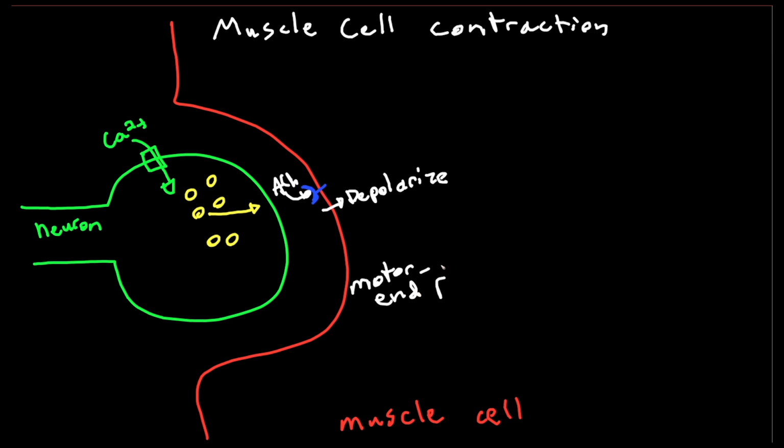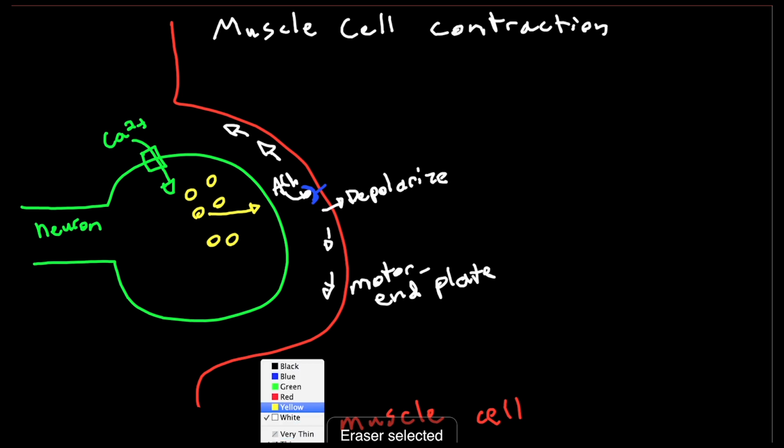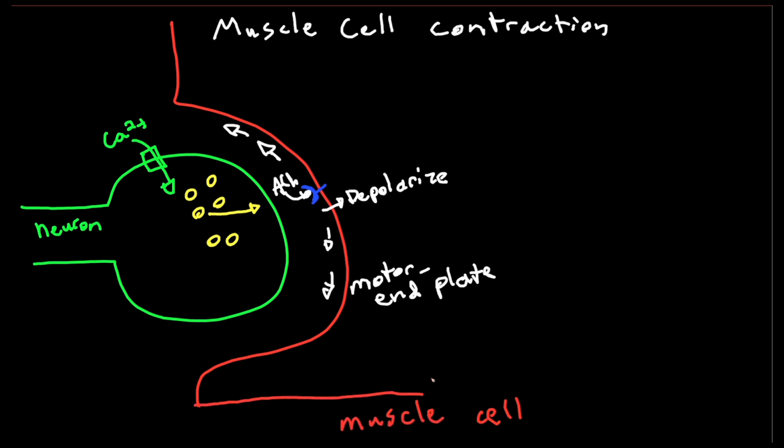And this depolarization will travel down both ways here, all along the membrane. And then it'll actually travel to something called a T-tubule, which is almost just like an invagination of the muscle cell membrane. So I'm just going to encompass this for no reason, but this will be like a T-tubule right here.